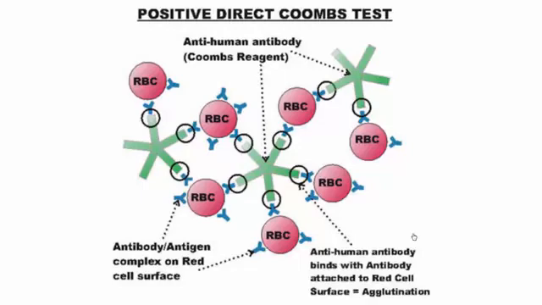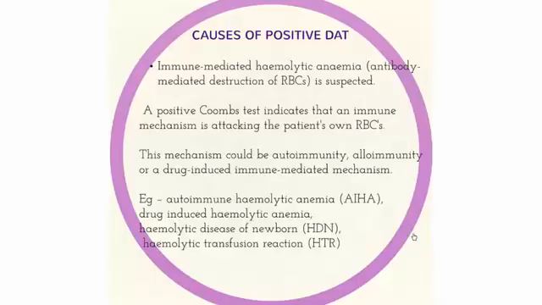For example, if the patient does not have any antibody on the red cell, when we put in the AHG, we don't see any agglutination because there is no antibody on the red blood cells that can bind to the AHG.